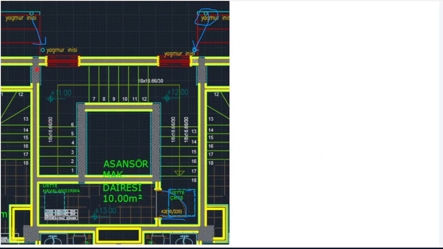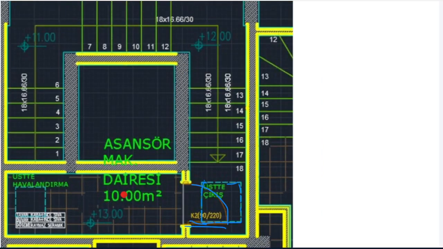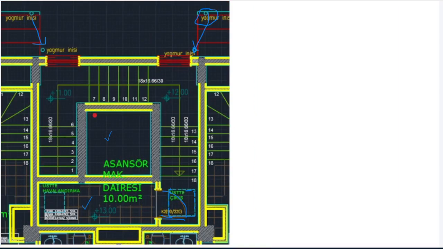If we look at here, we are calling it the elevator room, and this will be in the top floor, the roof floor. This wall is wrong, we should remove it. Then from here, if here is, for example, 11 meters, 13 meters, this one should be 13 point something or 14 meters, let's say, or 13.50.